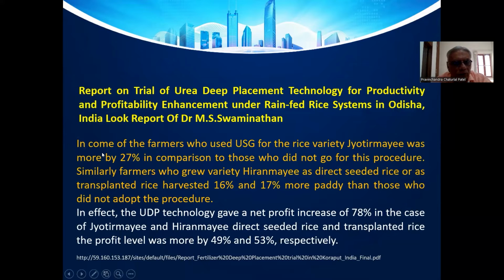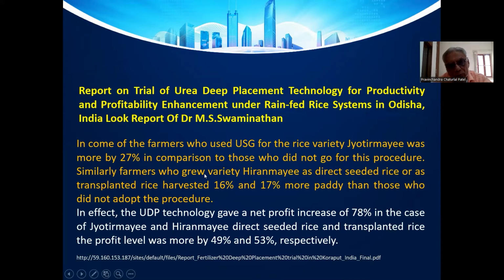The net income of farmers who used urea supergranules for the rice variety Jyotirmai was 27% more in comparison to those who did not follow this procedure. So those who did not follow the method are getting 27% lower crop production.